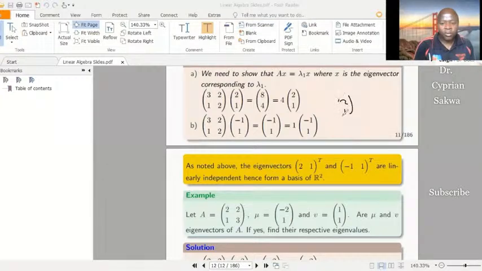If you don't want to write it as this, you can write it as (2, 1) transpose. It's the same thing. And I've said that these two vectors, since they belong to two different eigenvalues, are linearly independent. And you know what linear dependence and linear independence mean.